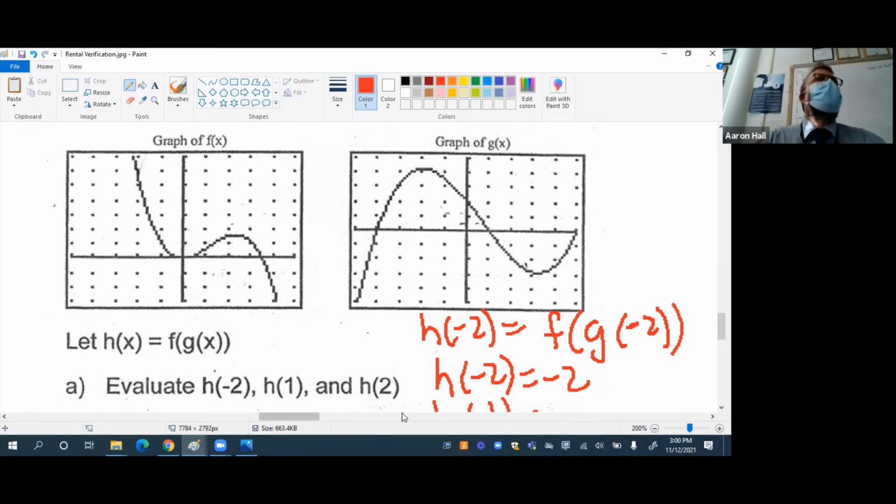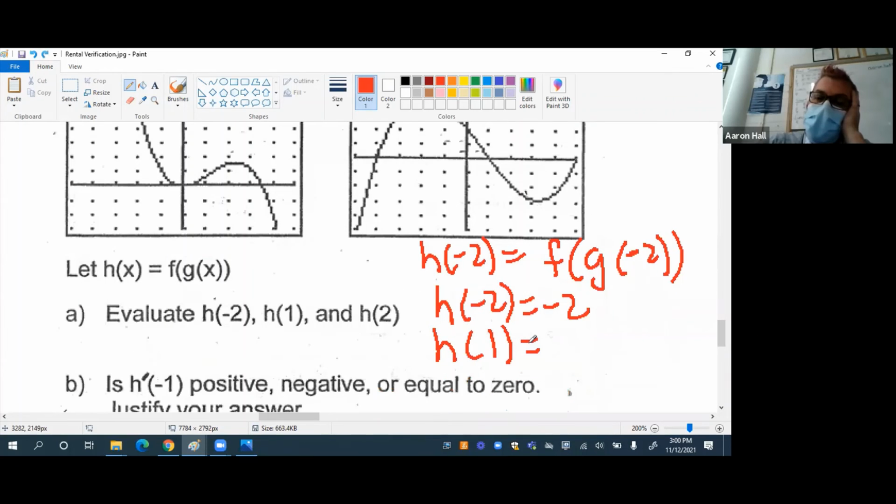Okay. So if I'm trying to find h of 1, and h of x is f of g of x, then I'm trying to find f of g of 1. Agreed? So what do we do first?